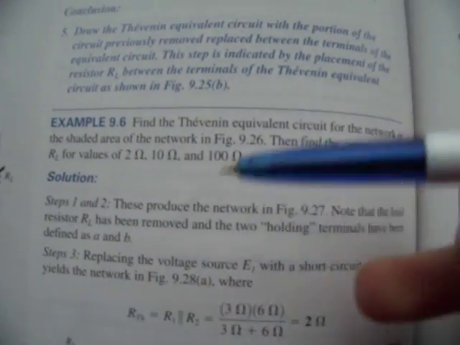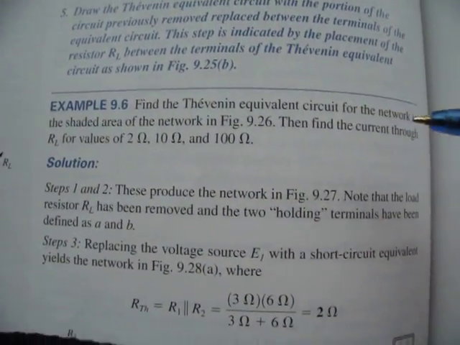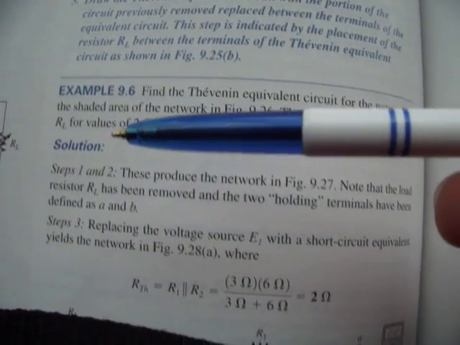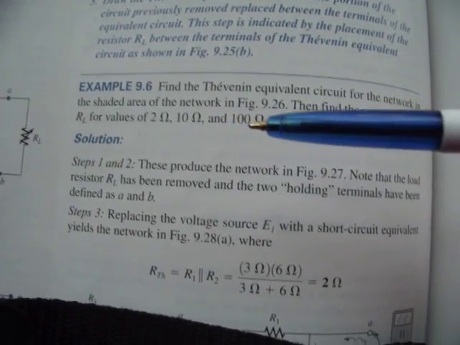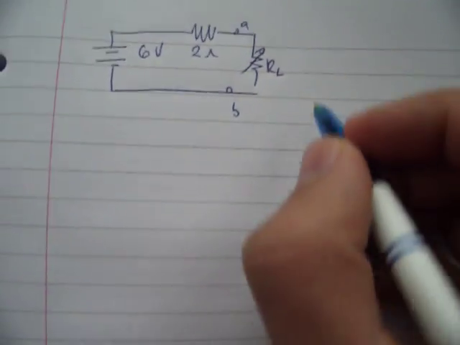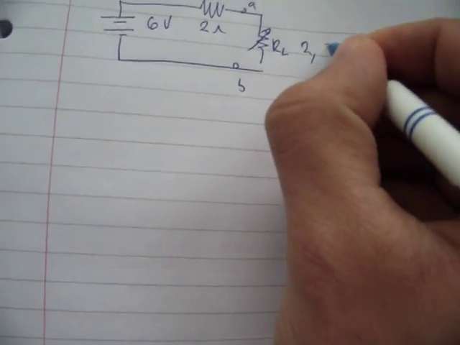Now we can do the second exercise, which is to find the current through RL for the values 2, 10 and 100. How do you do this? Just replace RL by 2, 5 and 100. How do you find current?